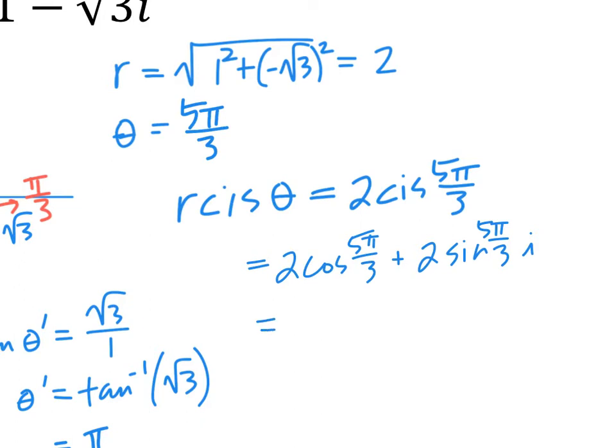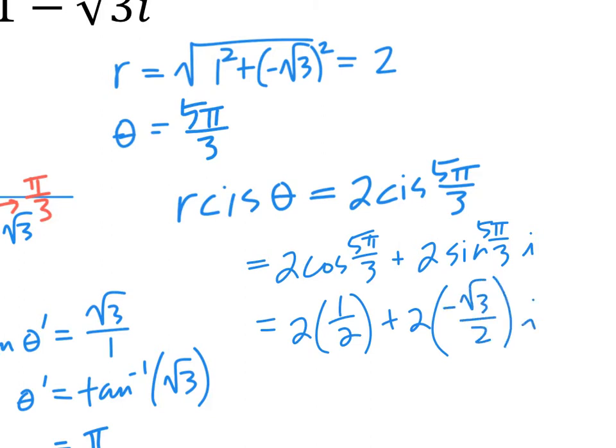Okay, cosine 5 pi over 3 is what? 1/2. Yes. And then sine 5 pi over 3. Yes. Okay, so 1 minus square root 3i. Same thing. So then you know you got it right.